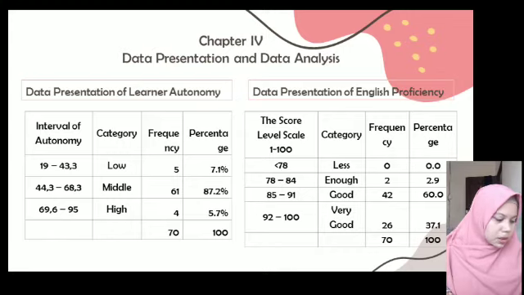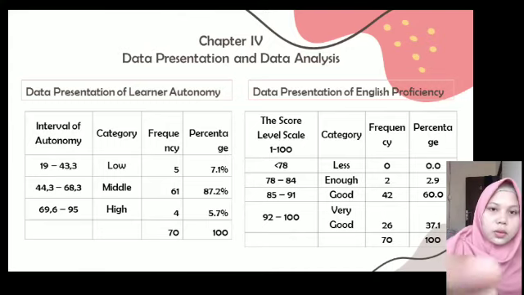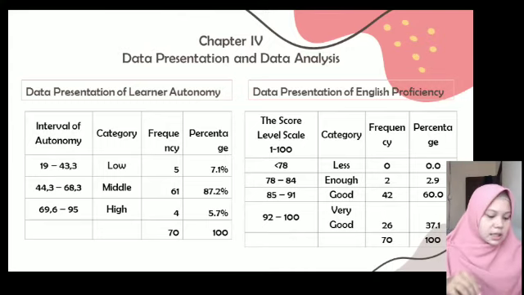In learner autonomy, there are 3 interval scores divided into low, middle, and high. While for English proficiency, the interval is divided into four: less, enough, good, and very good.